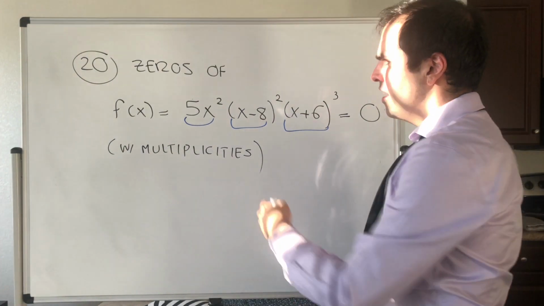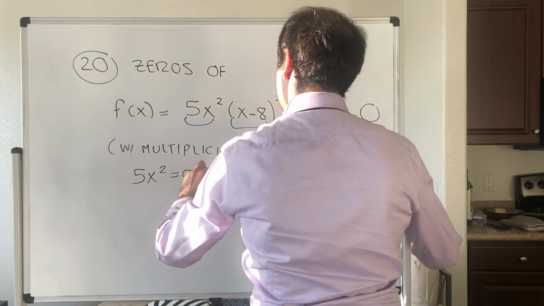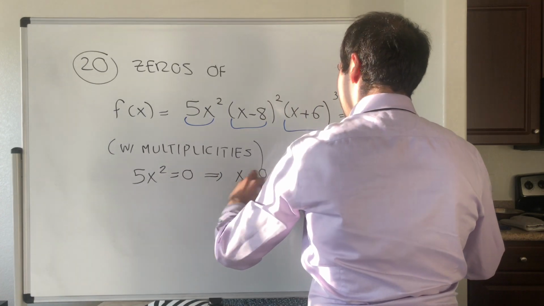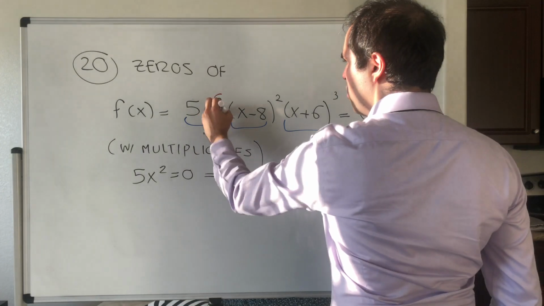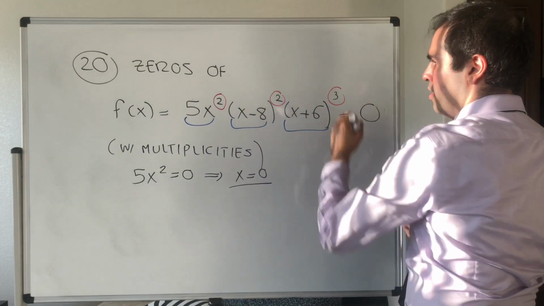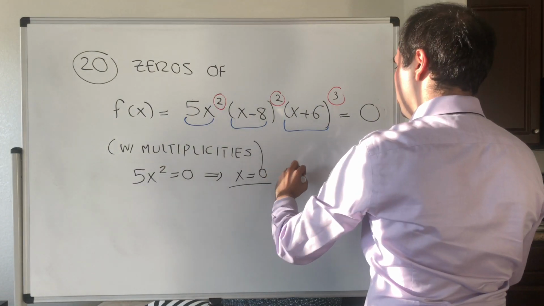So what you get is, first of all, 5x squared equals 0, but this just means x equals 0. But with what multiplicity? Very easy. The multiplicity is just the exponent. So here, x equals 0 is with multiplicity 2.